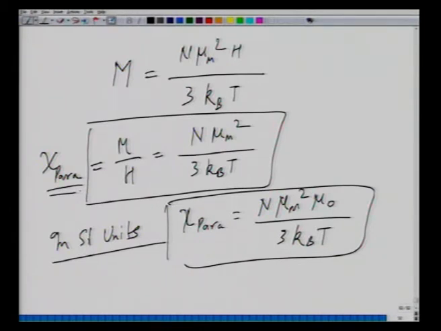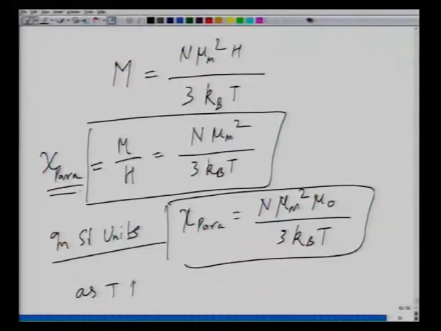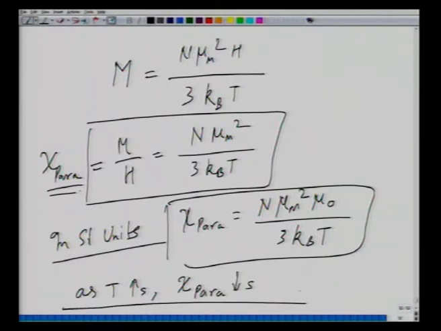This is a very important expression that we have derived for paramagnetic materials, having an inverse temperature dependence of susceptibility. Essentially, as temperature increases, chi para decreases, and this is because of increased thermal randomization.